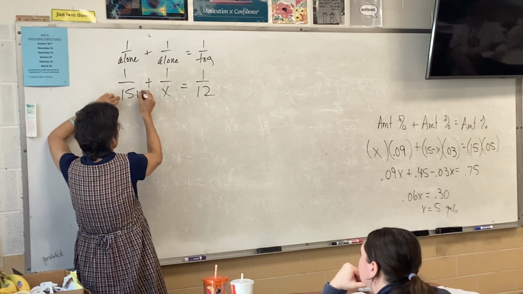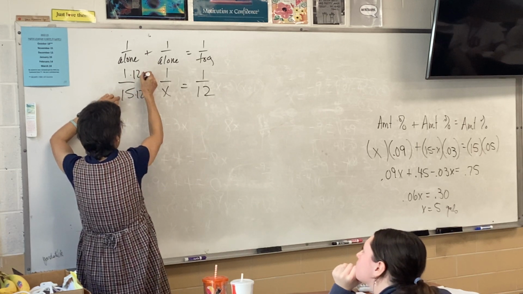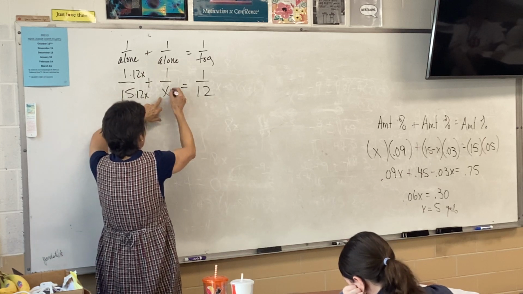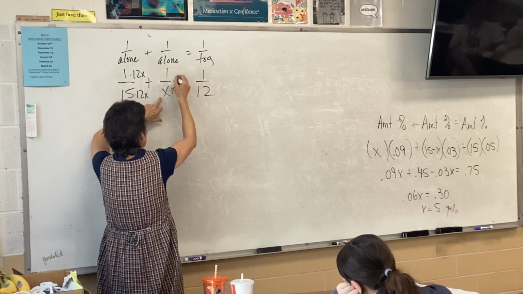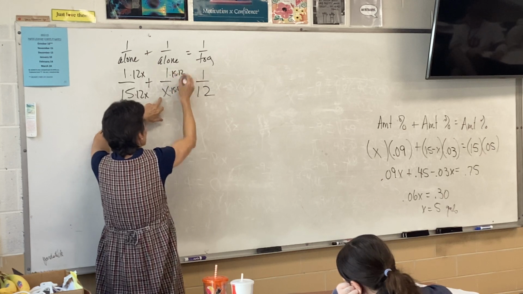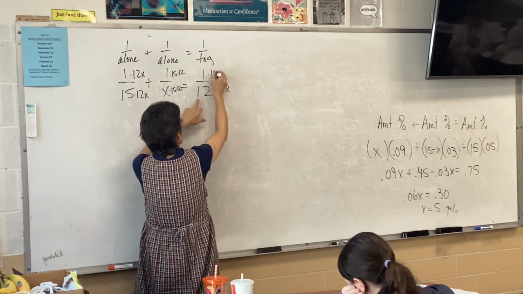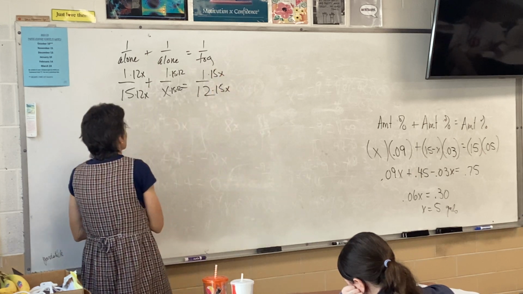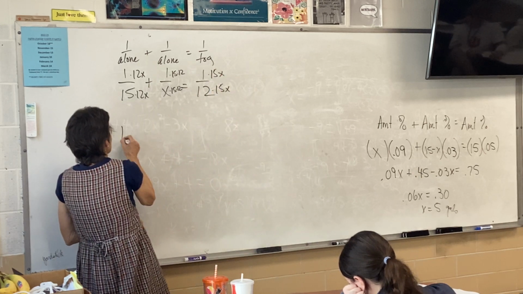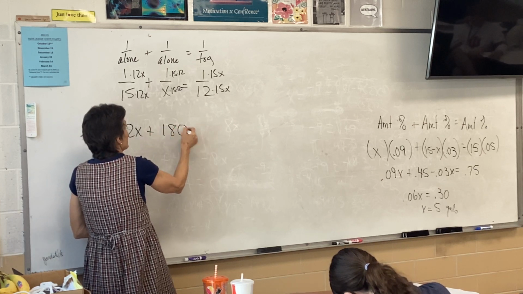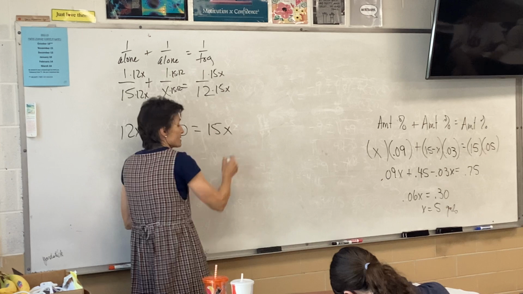So I'm gonna multiply this one by 12x, this one by 15 and 12, and this one by 15x. So I have 12x plus 180 equal to 15x.